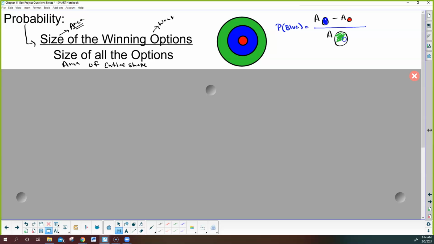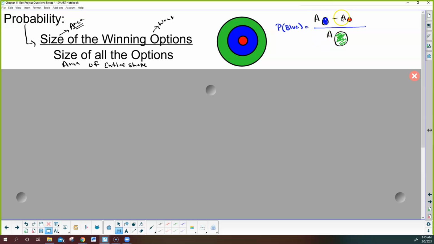Now, that's for this specific problem. If we were doing this in terms of a board and we had a slide around it, then that would be the 55 because that's the size of the screen. But I'm just talking about if this whole shape, the largest shape, was the green circle.